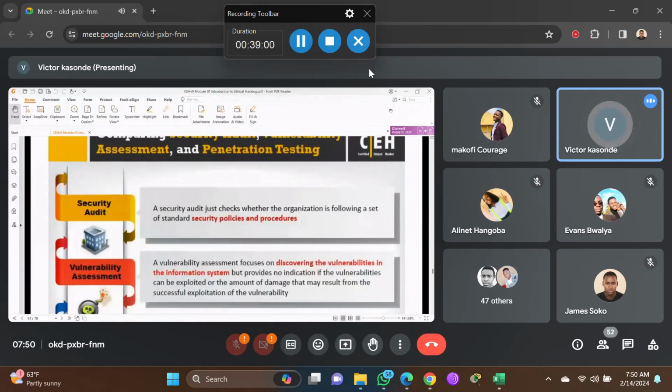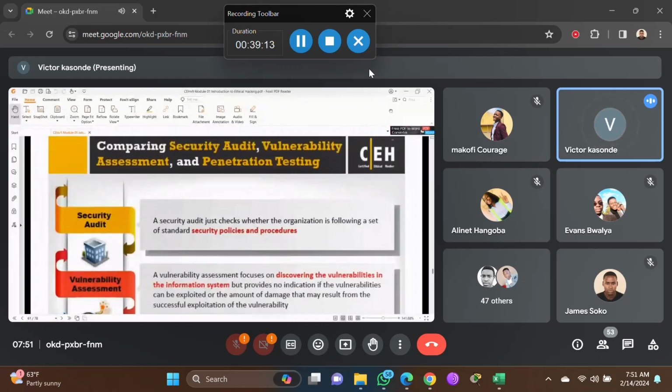Security audit. A security audit just checks whether the organization is following a set of standard security policy and procedure. So when you see the auditors, they come there to audit and check whether you are following standard policy and procedure.